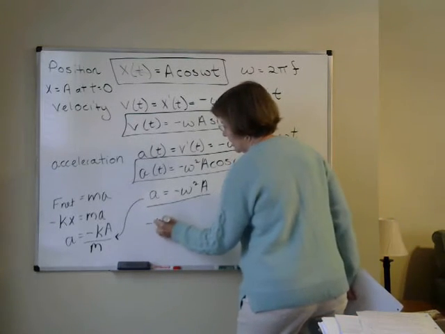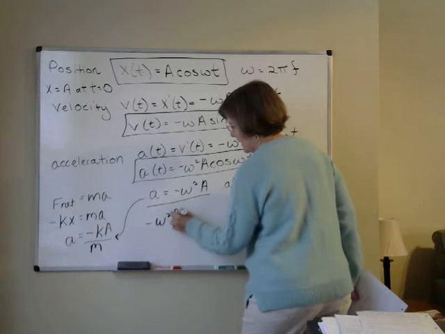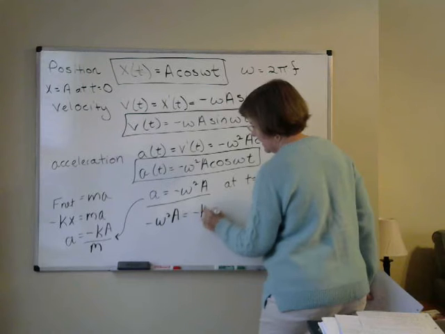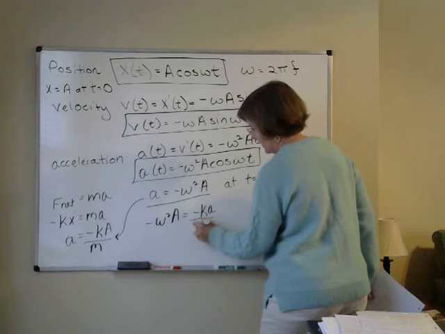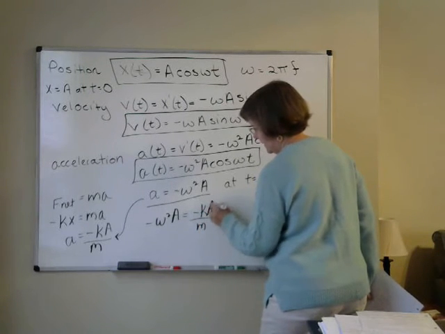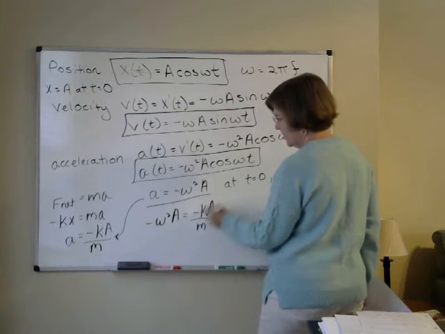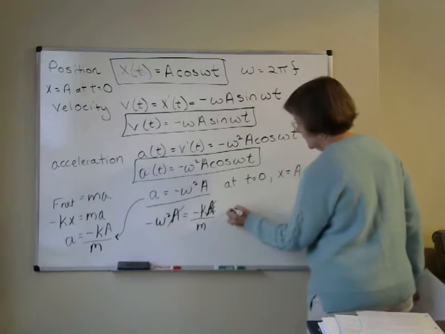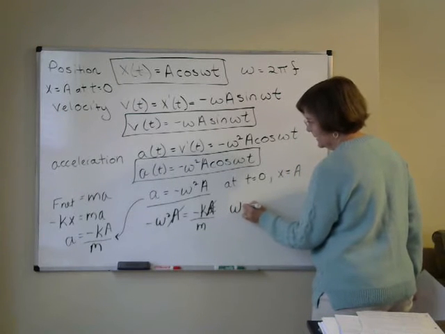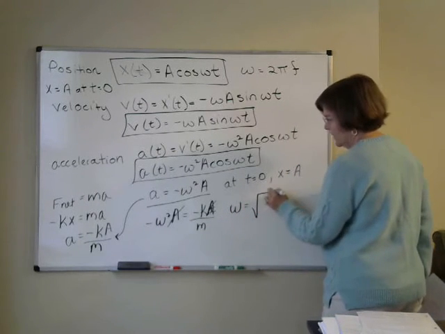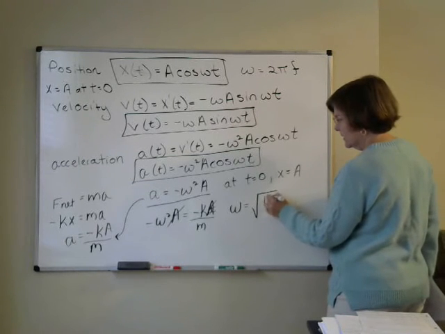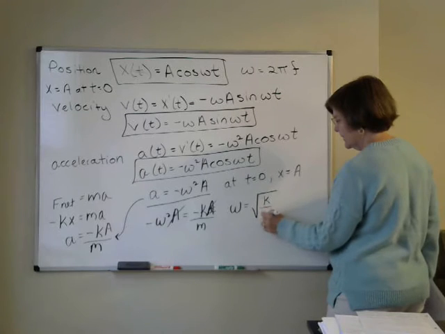Negative omega squared A equals negative kA over m. Whoops, that's a capital A. Notice the amplitude cancels out, the negative cancels out, and I get one more really important relationship, that omega is the square root of k over m.